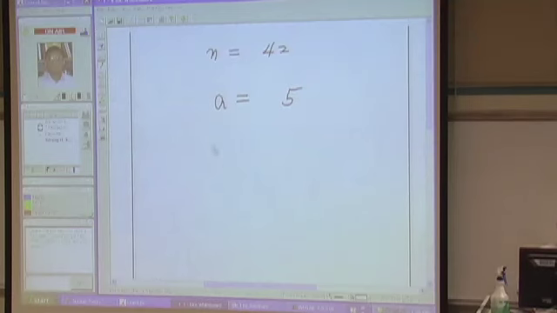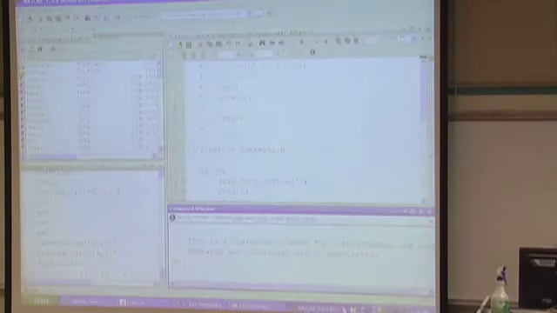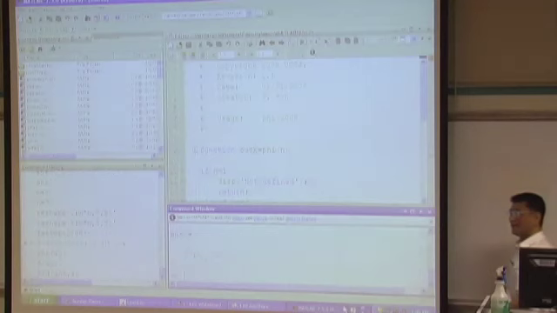So let's pick this thing then. First of all, what is phi of 42? Phi of 42, I will calculate using MATLAB. Phi of 42 equals 12. Then 5 to the power of 12 is what? This number. And then this number mod 42 is what? 1.